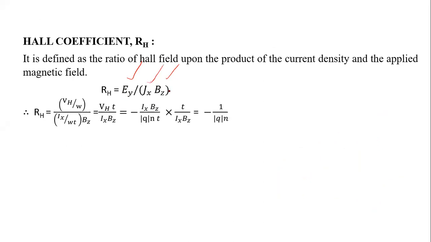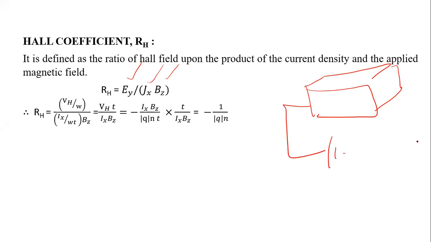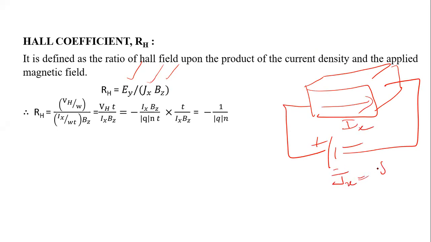See, you are applying voltage in a semiconductor. Under the action of this voltage, there will be a current Ix. So Jx is equal to Ix upon the cross-sectional area. Ix is the current you are passing through the semiconductor, and Bz is the applied field.